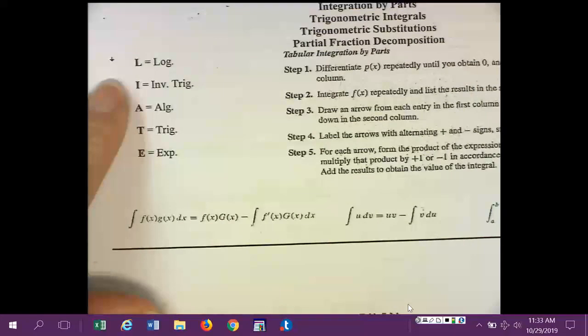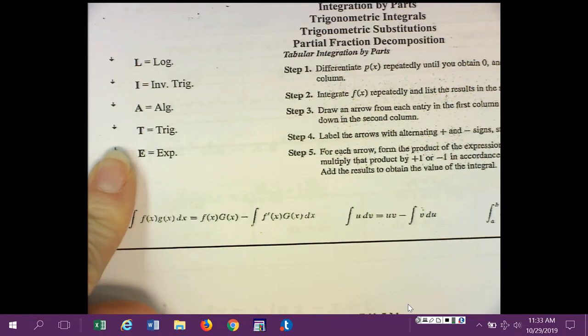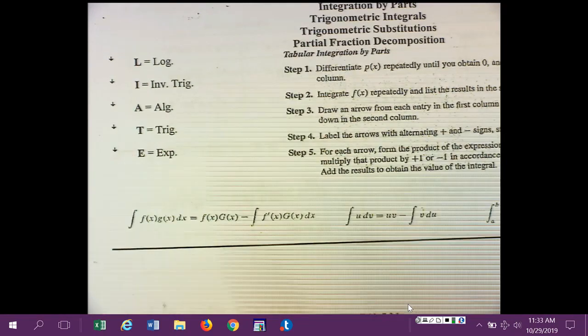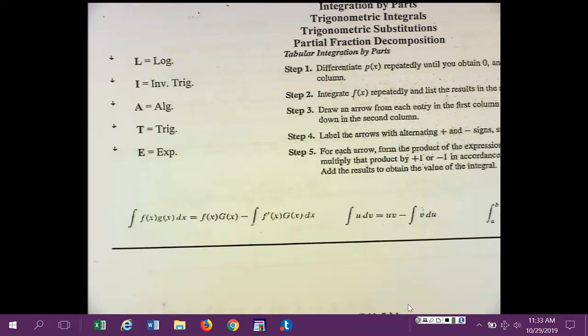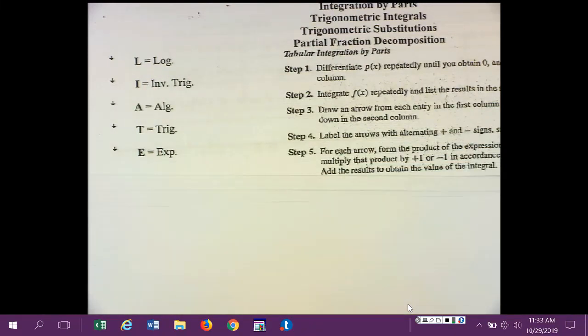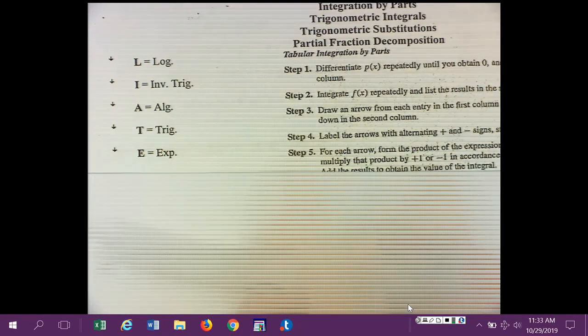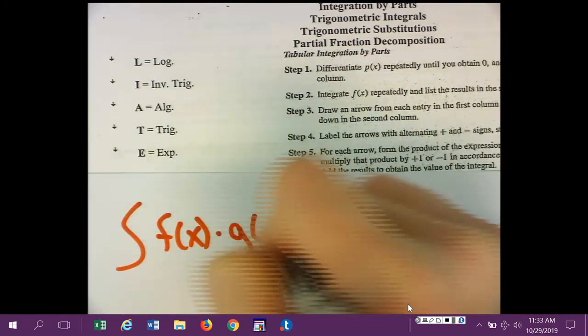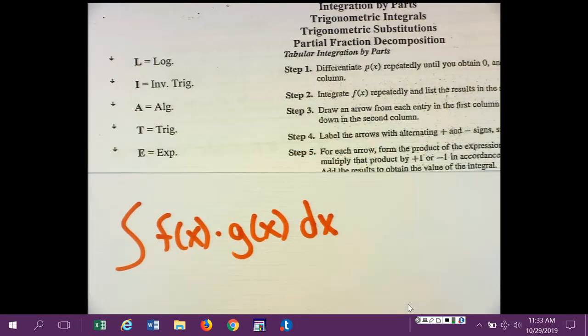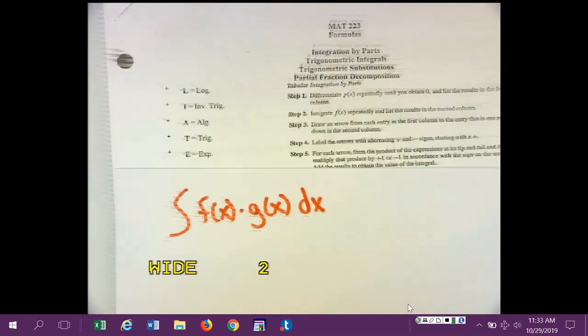L is logarithmic, I is inverse trig, A is algebraic, T is trigonometric, and E is exponential. The reason they give us this acronym is when we are presented with a problem like this, especially when we have two functions, we have to make our decision which one of the two functions will be u.